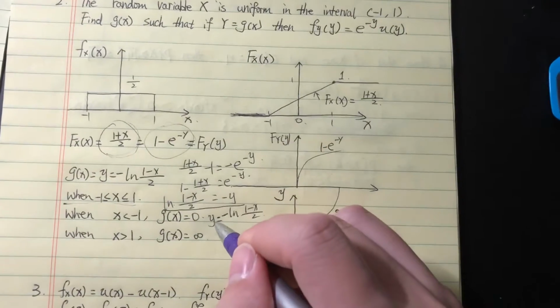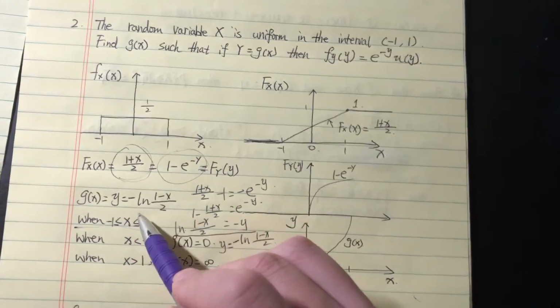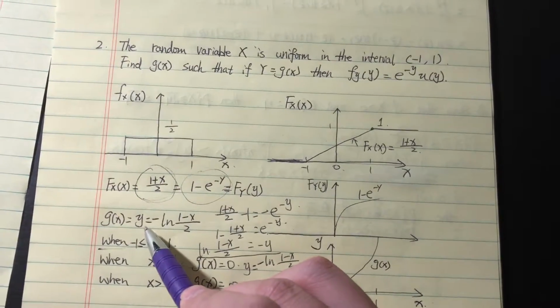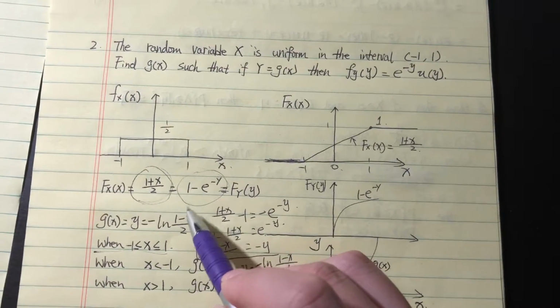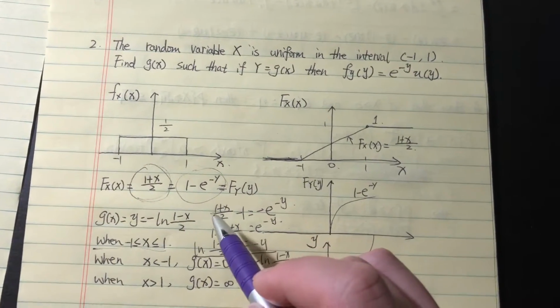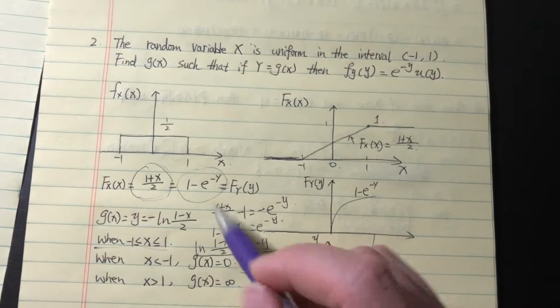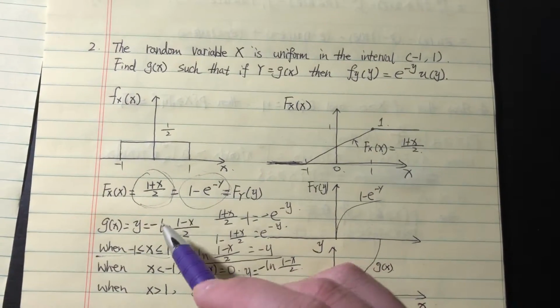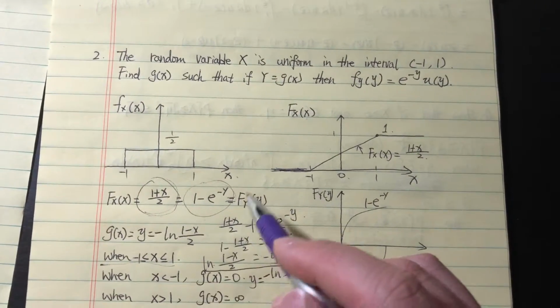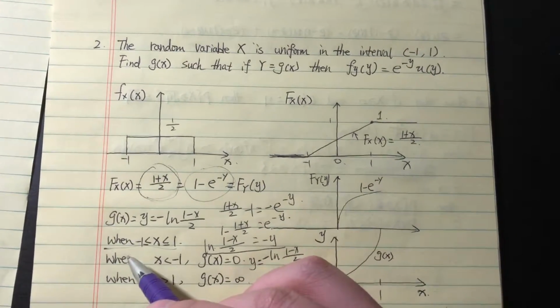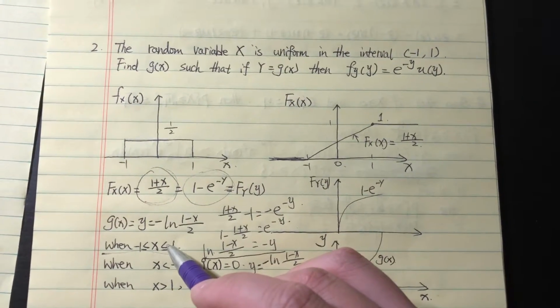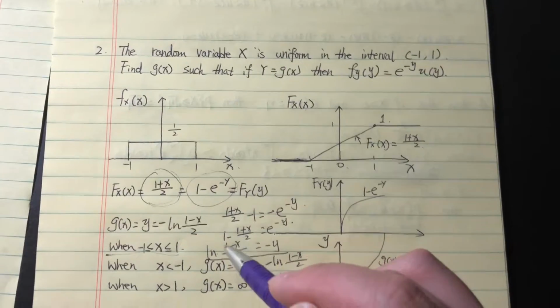So y is going to be minus the log of (1 minus x) over 2. This is in the range when x is larger than or equal to -1 and less than or equal to 1.